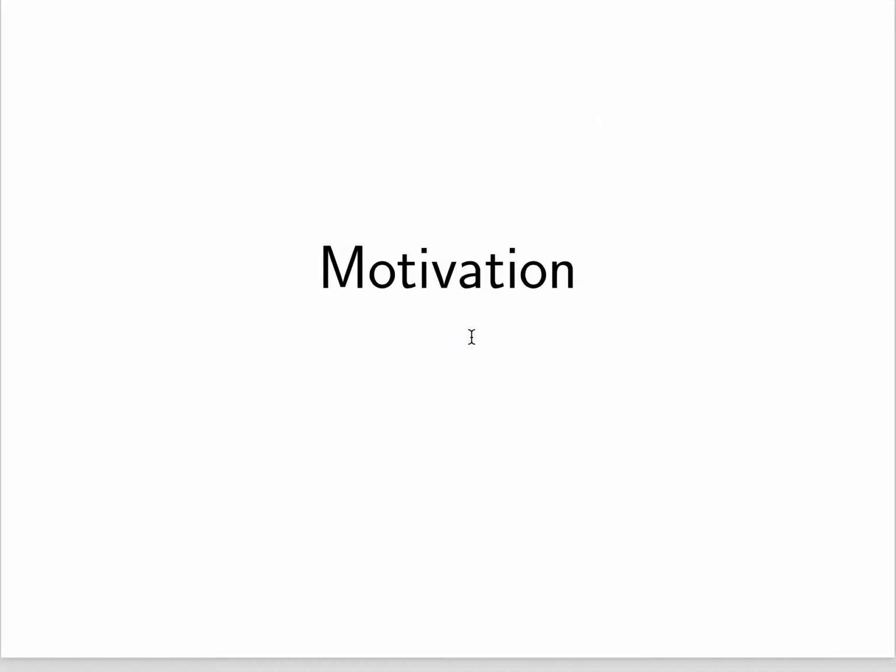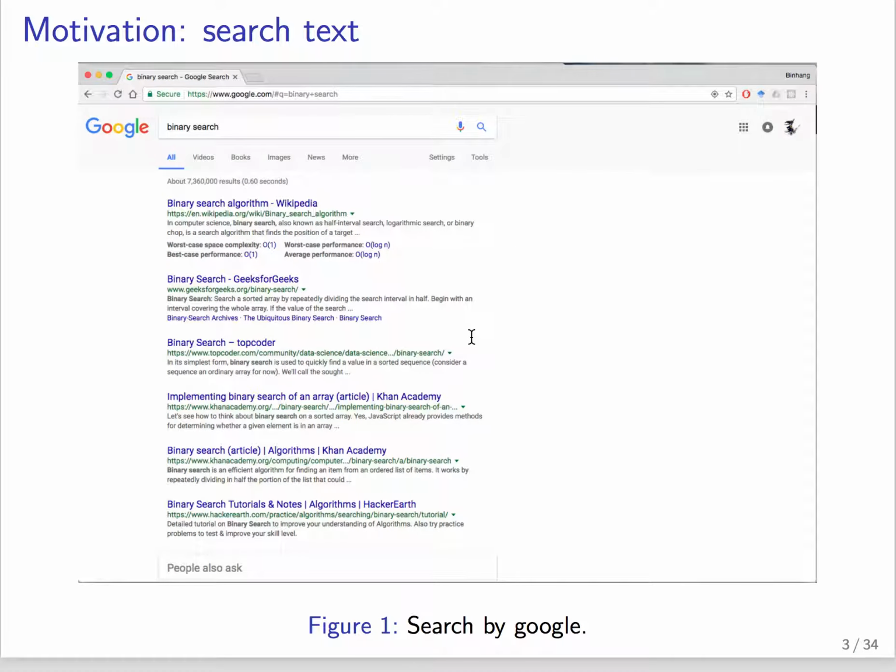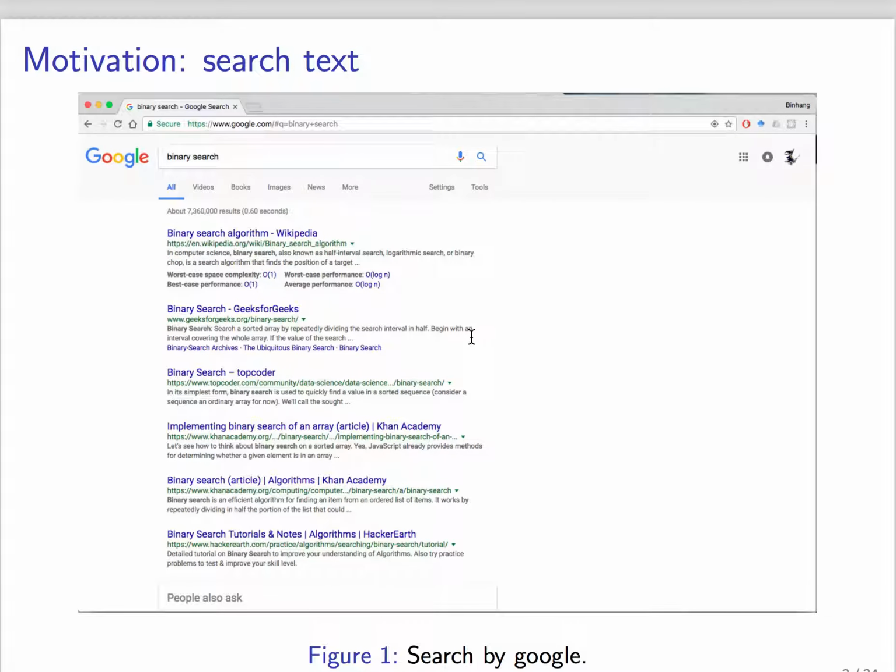So I'll first discuss why we want to do this research. What is our motivation? Nowadays, if you use any search engine to search a keyword and you carefully go through the results returned by Google, you will figure out that Google uses a kind of automatic text summarization technique.